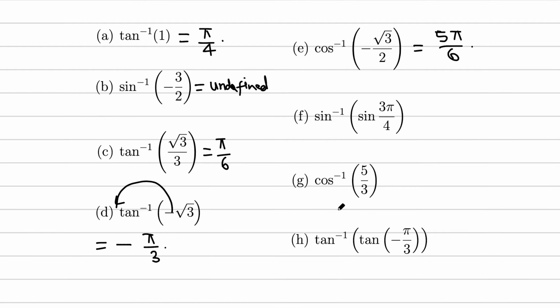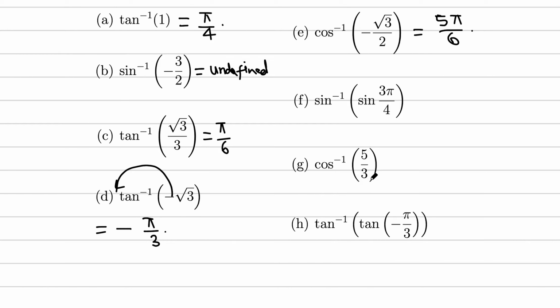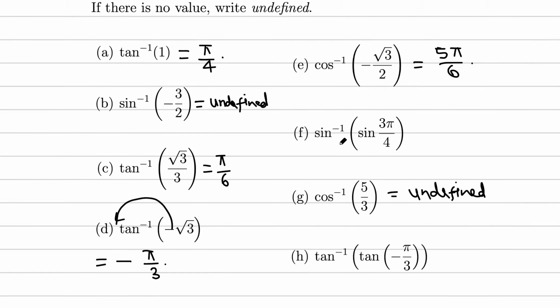Okay, let's do this one. 5/3, which is bigger than 1. And for sine and cosine, bigger than 1 means there is no angle. Undefined. Now here, sine inverse and sine, don't blindly cancel those. Because when we get the angle outside, that should always be in the first quadrant or the negative of the first quadrant.